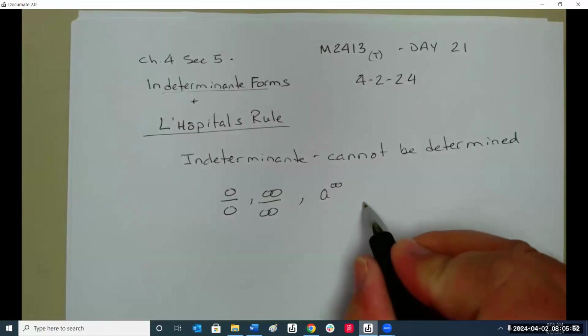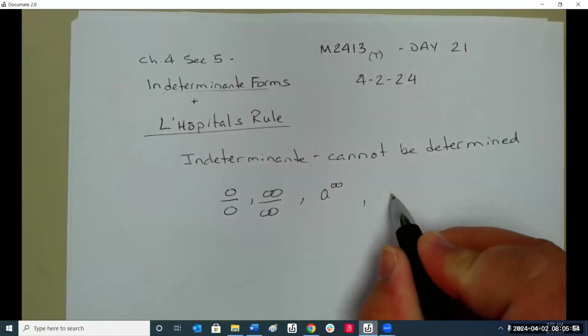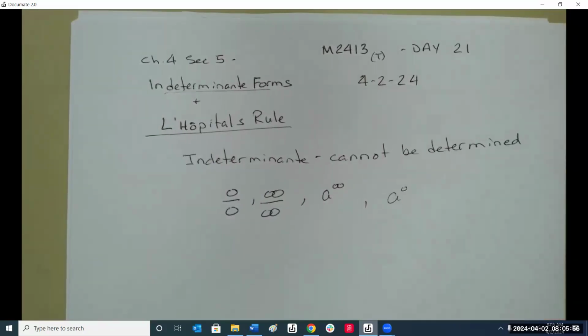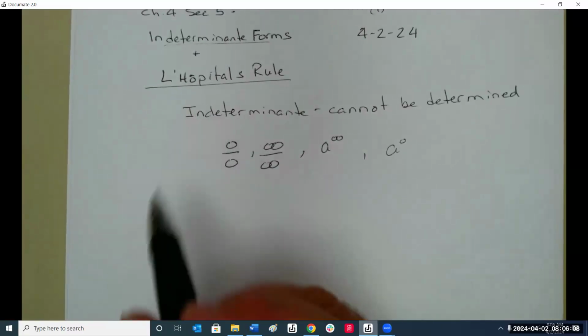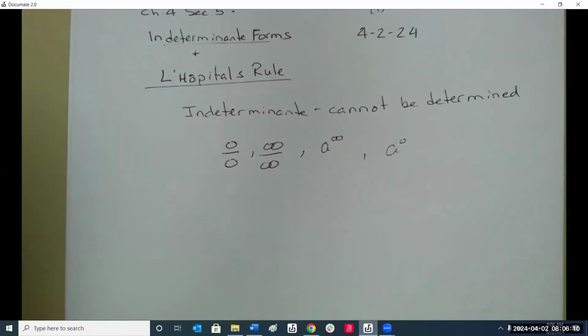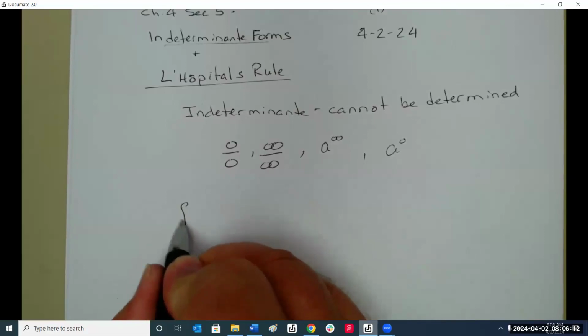So we're going to look at functions that have these type of exponents. Basically, we're looking at both extremes, going to 0 or going to infinity. That's the two functions.